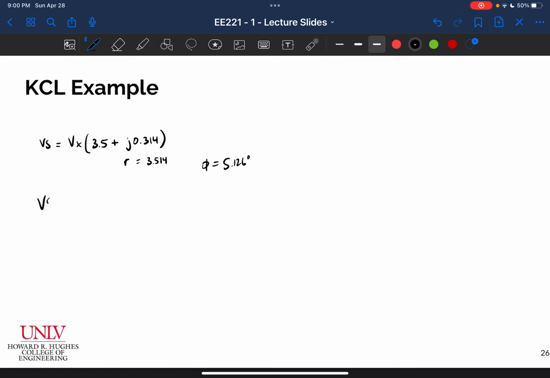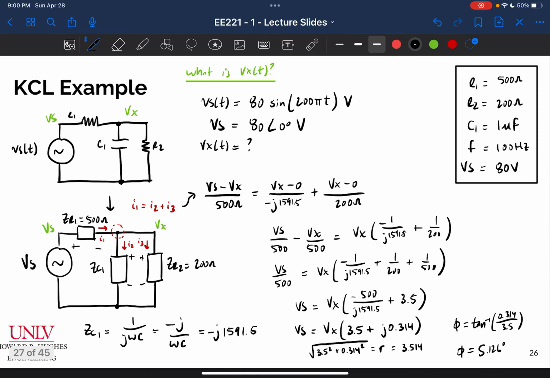All right, so Vs is then equal to Vx times 3.514 angle 5.126 degrees. And then I know that my Vs phasor was just 80 angle 0.